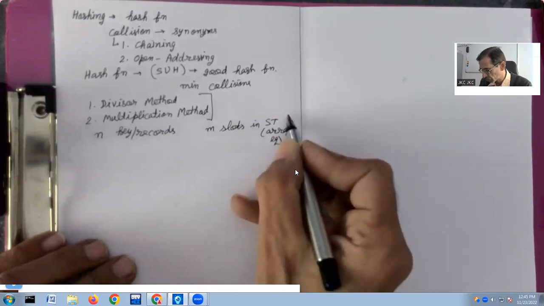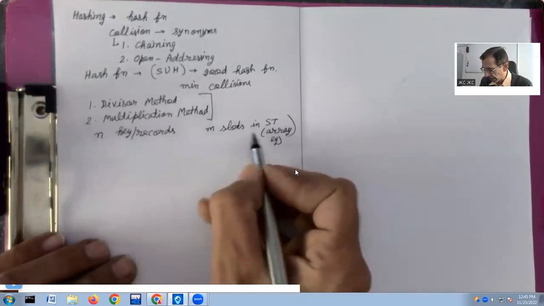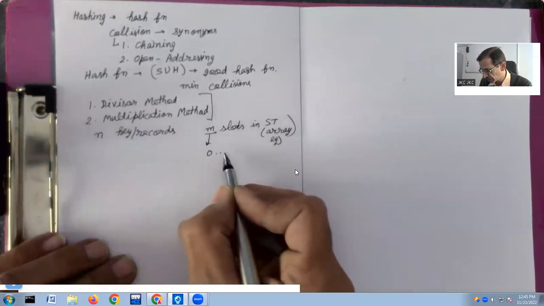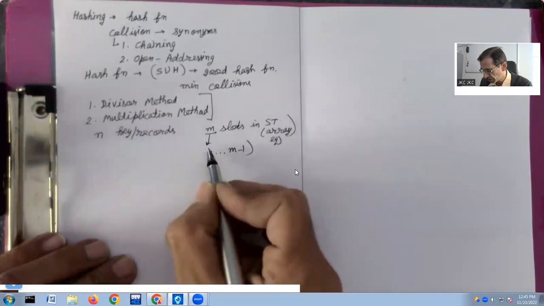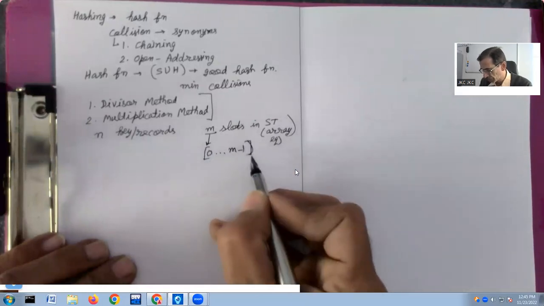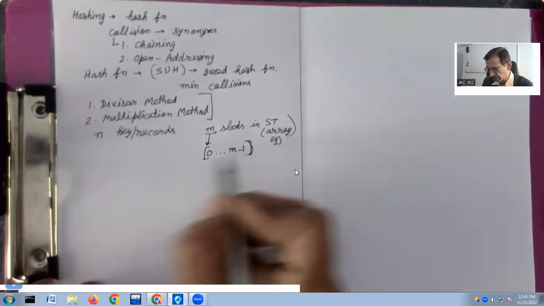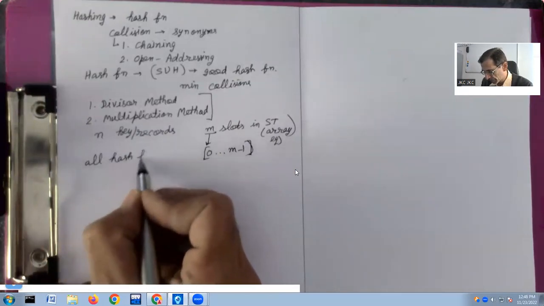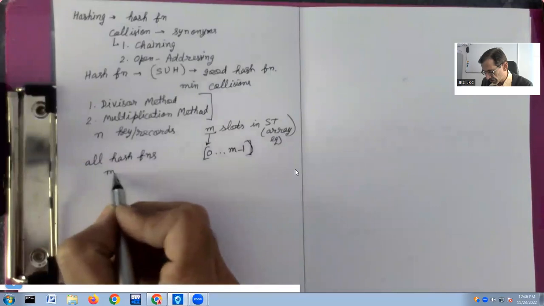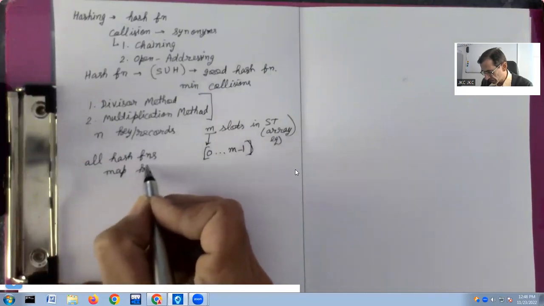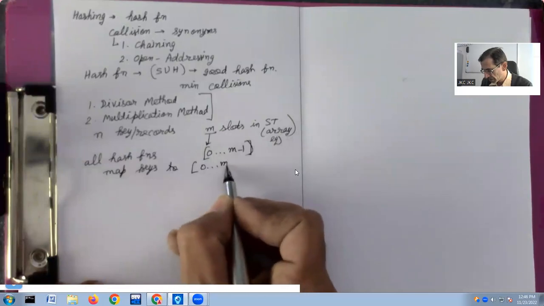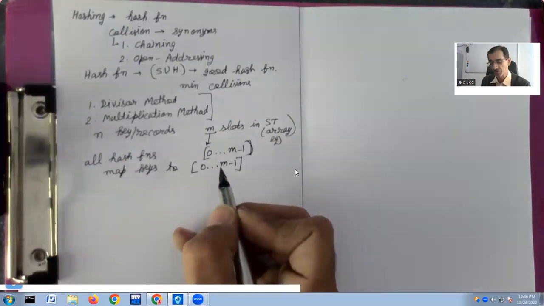Array equivalent means m slots, with indexes in the range of 0 to m minus 1. So I should generate the hash function in a way that it maps the universe of keys to the range of 0 to m minus 1. That is going to be the index to be used.